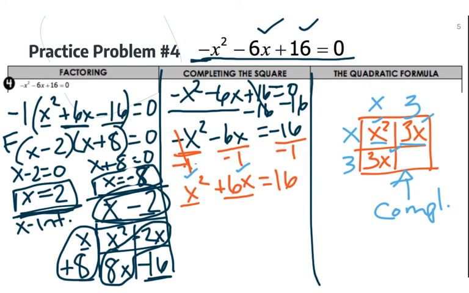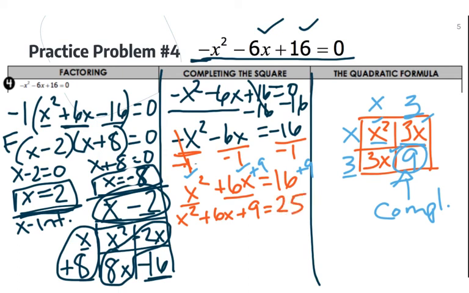That number would be 3 times 3, or 9. So I'm going to add 9 here, and I'm going to add 9 here. So now I have x squared plus 6x plus 9. There's my perfect square trinomial, looking beautiful. And then 16 plus 9 is 25.